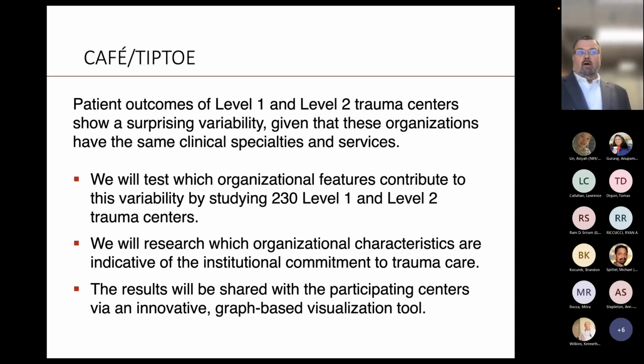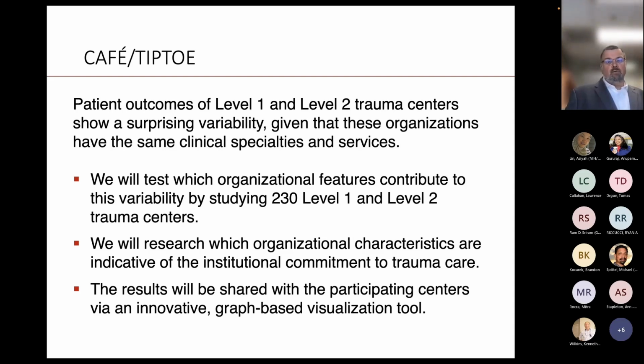And some reasons for that obviously have to do with location, where those centers are, what type of injuries come in. But we are working under the hypothesis that there are also micro-organizational structures that go into how successful those institutions are to provide patient care. And we're going to test which organizational features contribute to this variability.